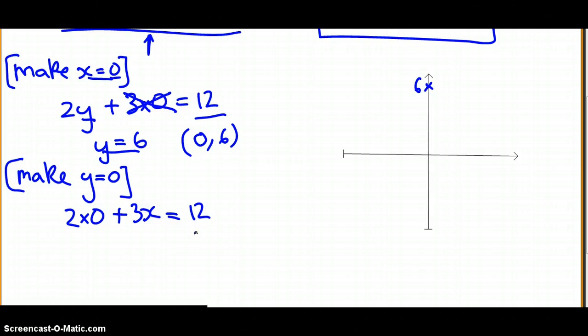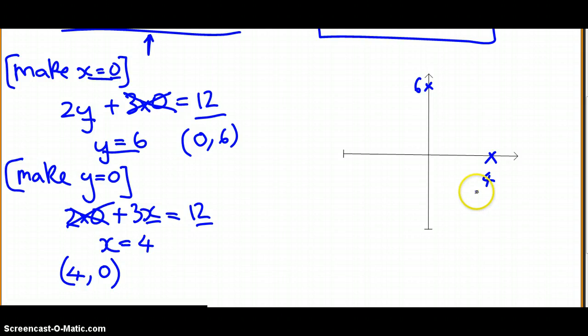I'm now telling the equation y is 0, what would the value of x be when y is 0? 2 lots of 0, nothing. 3 lots of something gives 12. Something must be 4. So the coordinate that I've just discovered was x is 4, y is 0. Go 4 in the positive direction and don't go anywhere in the vertical direction. Put a cross at x equal to 4.